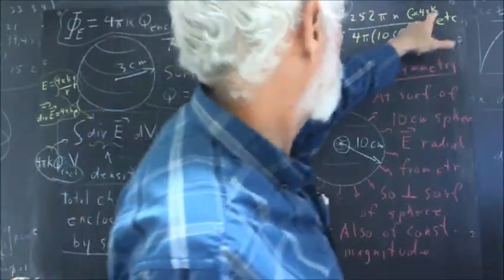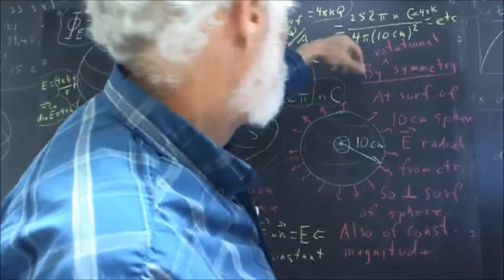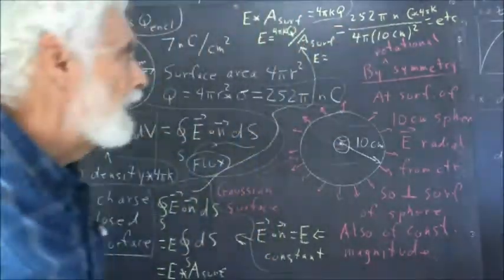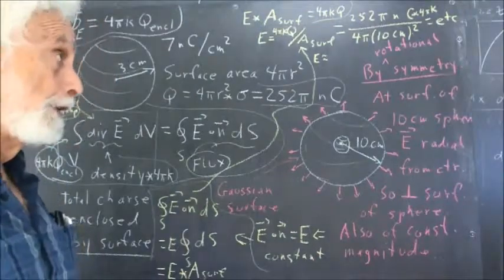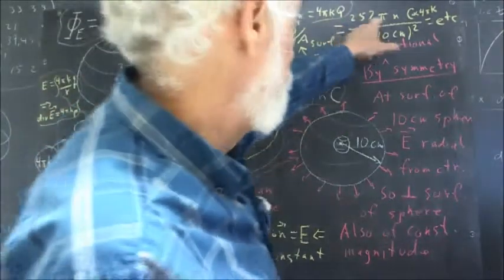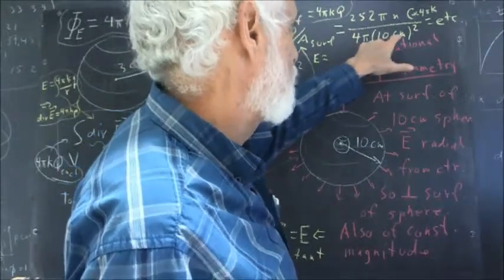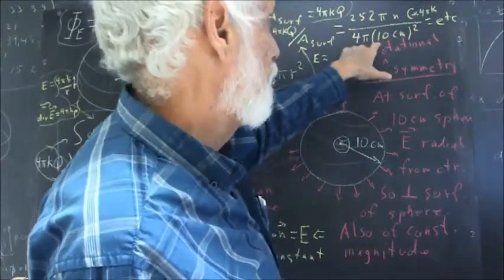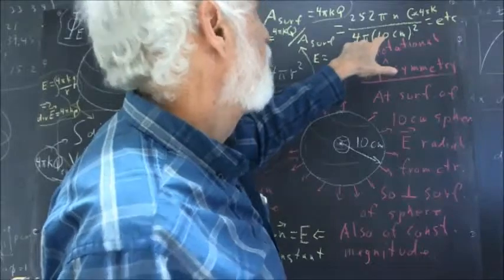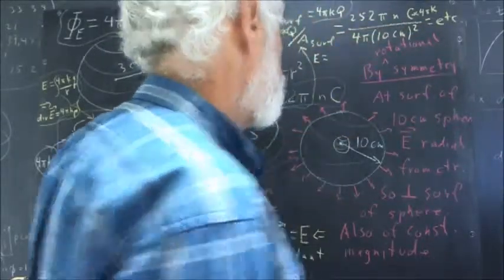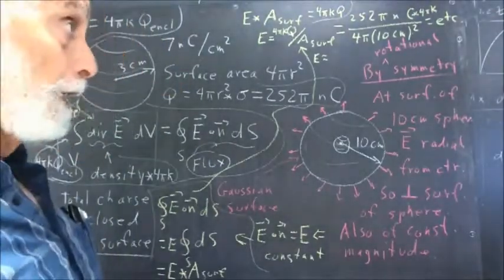So we just have a factor of 9 here. 252 pi is about 800, a little less than 800, but let's round that off to 800. And then dividing by 10 centimeters quantity squared, that's 1/10 of a meter, so that's going to be 100th of a meter squared. That's going to give us another factor of 100, so we're getting something like 80,000.